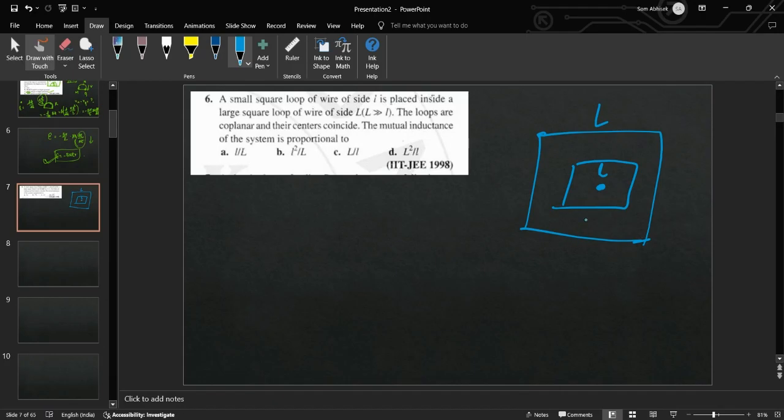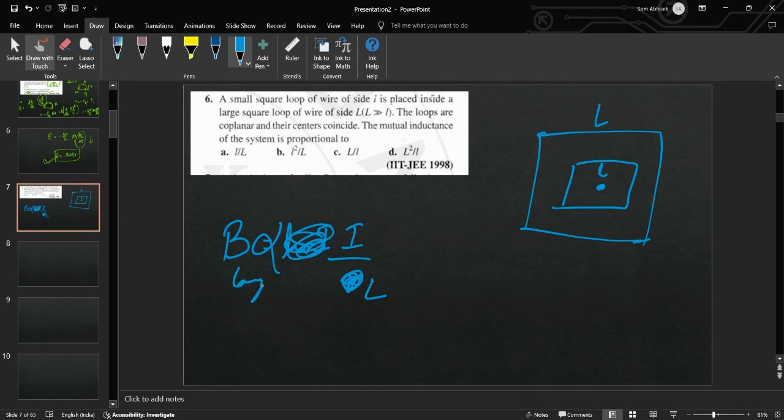First of all, the magnetic field produced by a current in the large wire. B is mu naught I something, not exactly over R, but we can say proportional to I by R, or here L for the larger one.